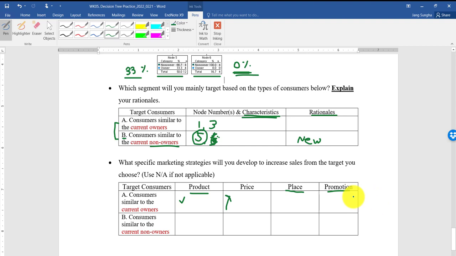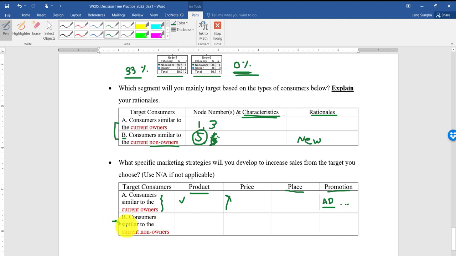Promotion, maybe they are going to purchase my product anyway, so maybe I can increase advertisement more so that I can make potential consumers aware of my product, or give them a good impression of my product, something like that.